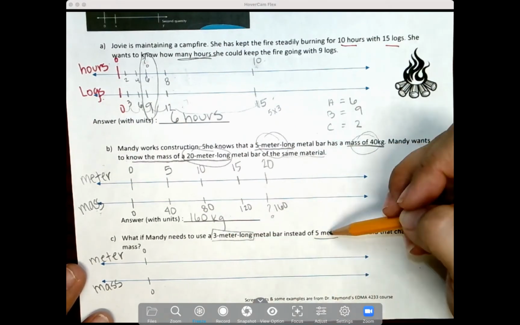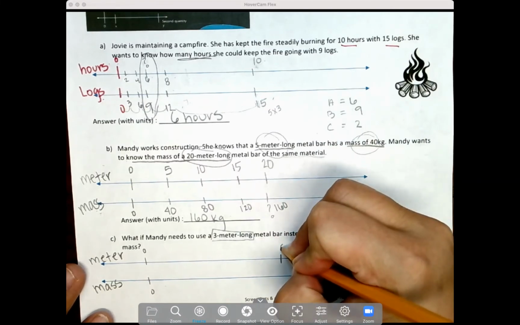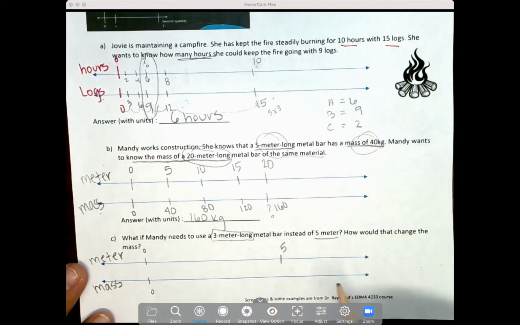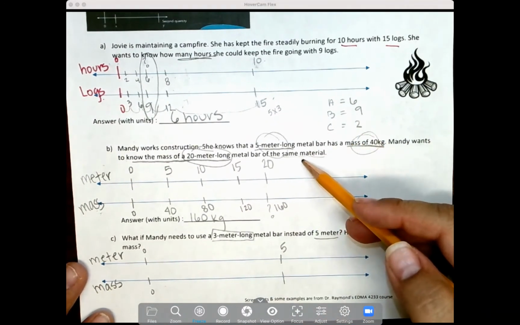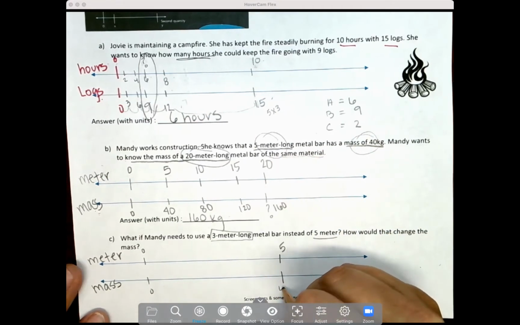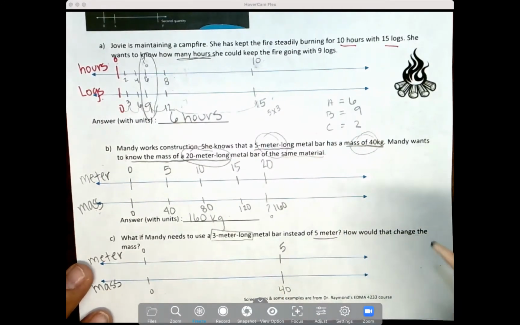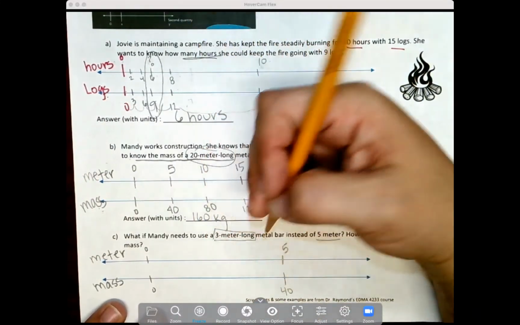Well, 3 is smaller than 5. So I'm going to put my 5 here. And I go, oh wait, I need more information. Got to go back up to the previous problem. 5 meters long was 40. Now it wants to know about 3 meters long.